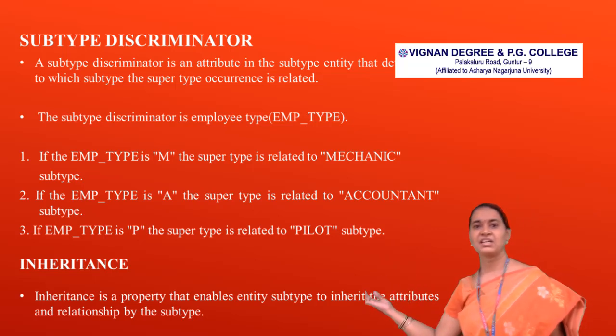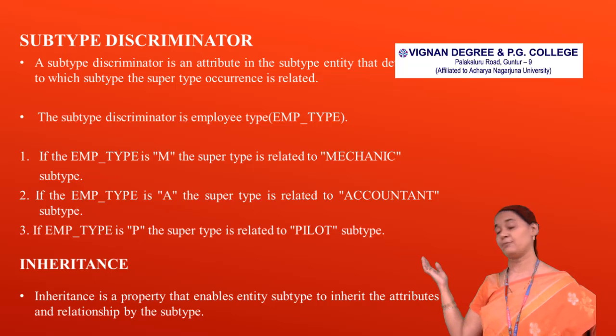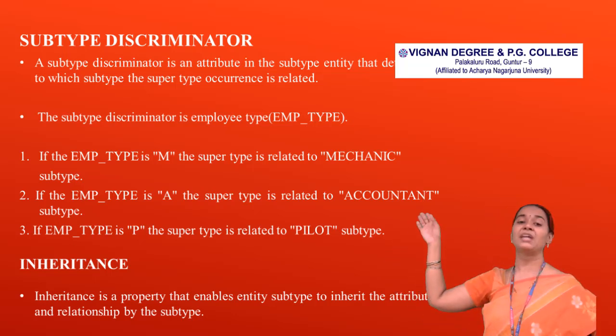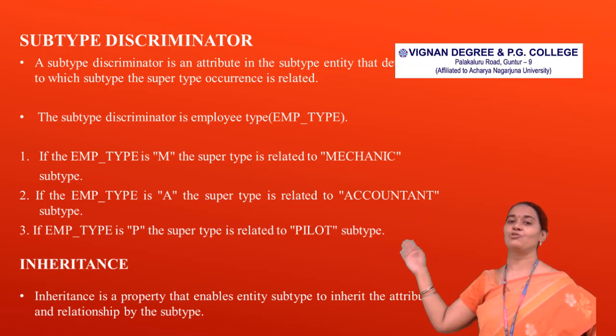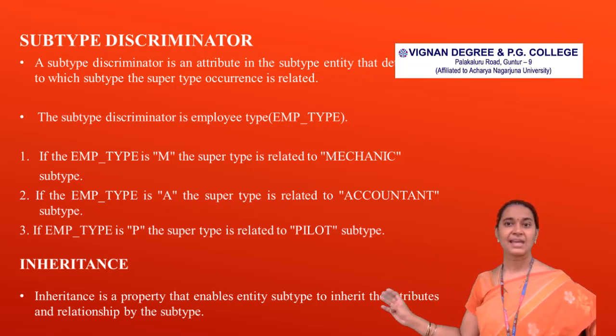So the supertype entity consists of attributes that are common for all the subtypes. What is the supertype entity here? Here the supertype entity is the employee. Employee has the common features for all the subtypes. What are the subtypes here? Pilot, mechanic and accountant.